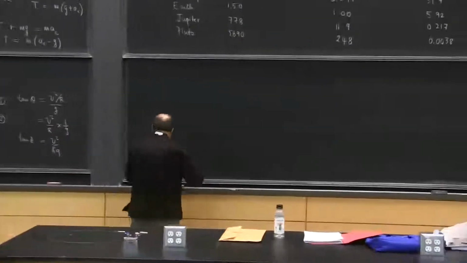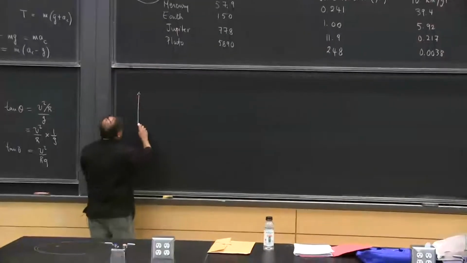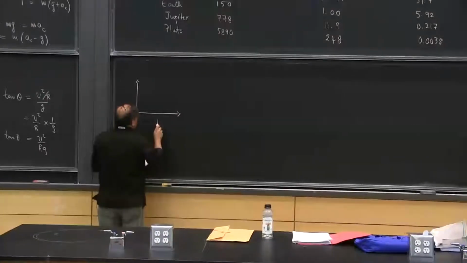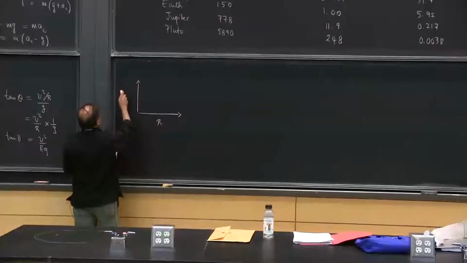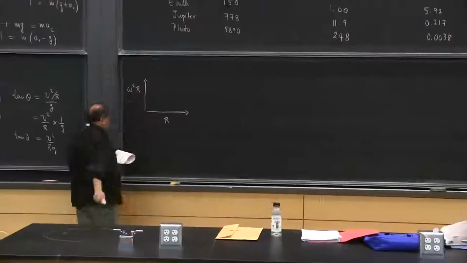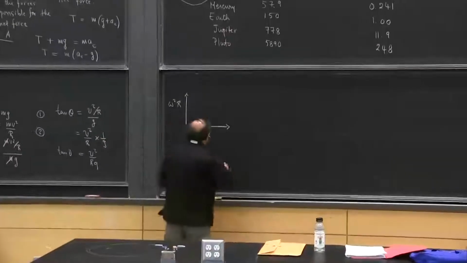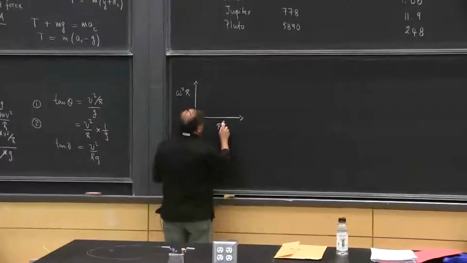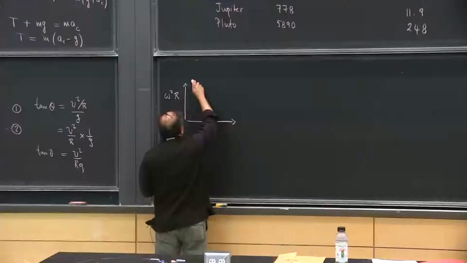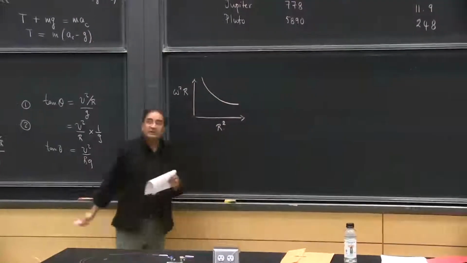But if you were to plot the centripetal acceleration against r, so this is the centripetal acceleration omega squared r versus r, or you can even plot it versus r squared, you find that this plot goes down like a hyperbola.